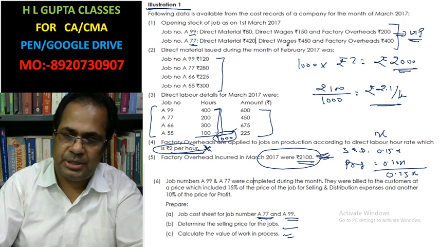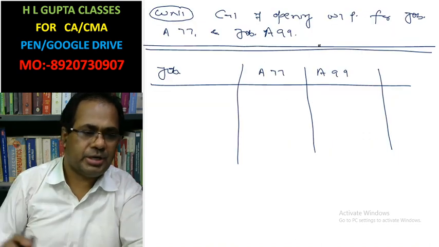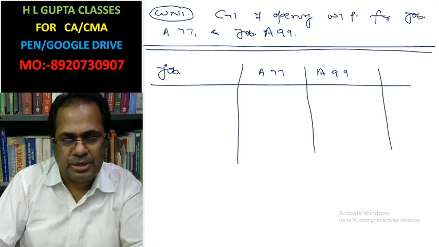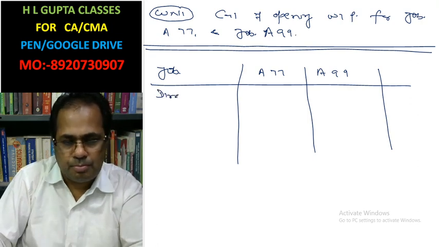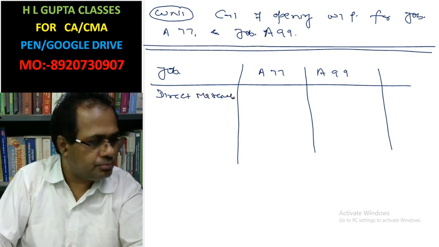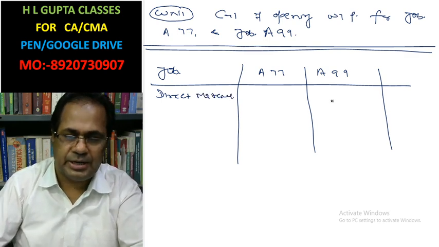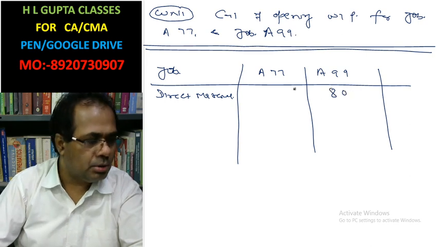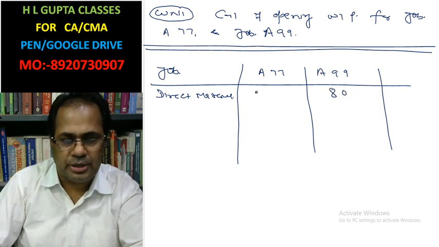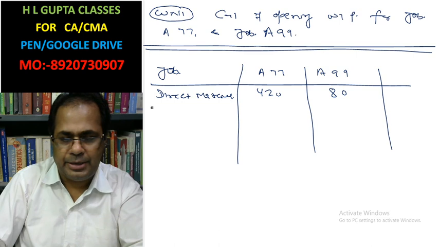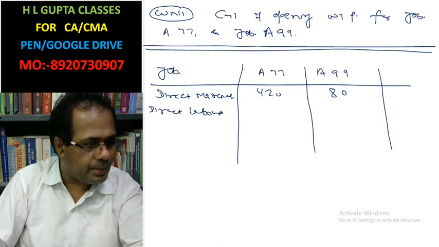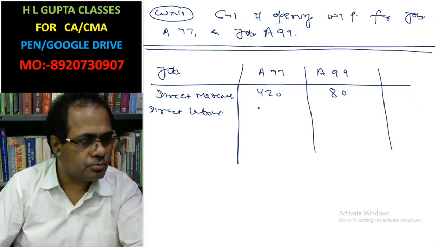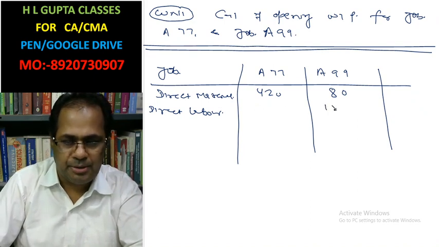Job 77: write here direct material, this is 99, 80, this is 420. Direct labor 150, this is 450.